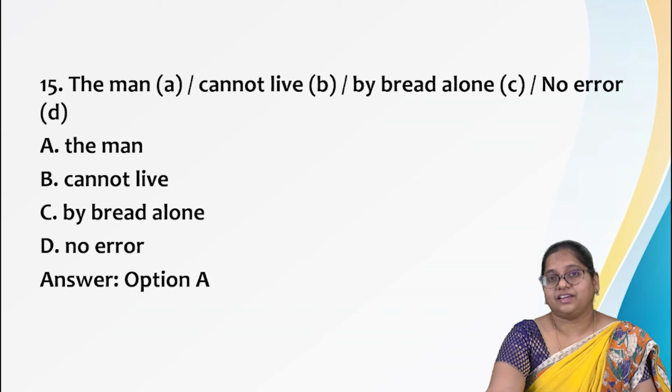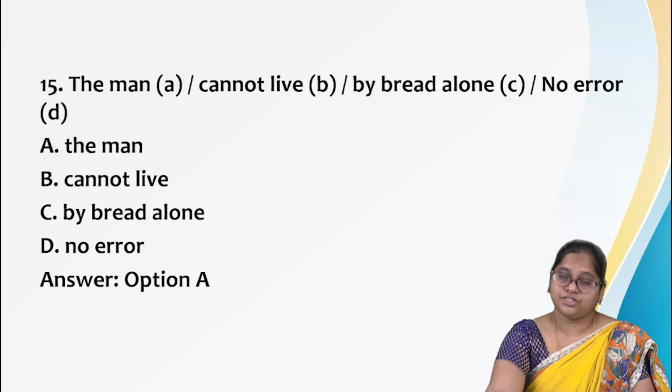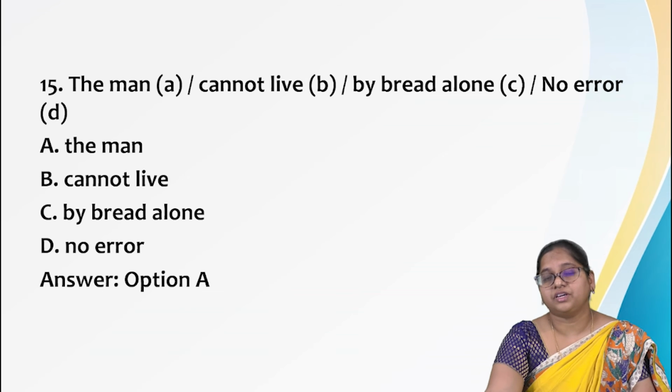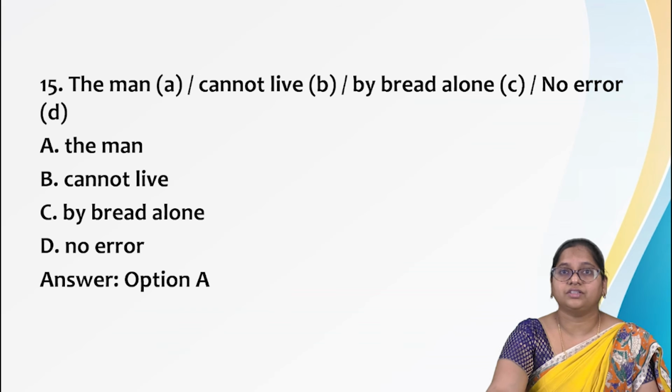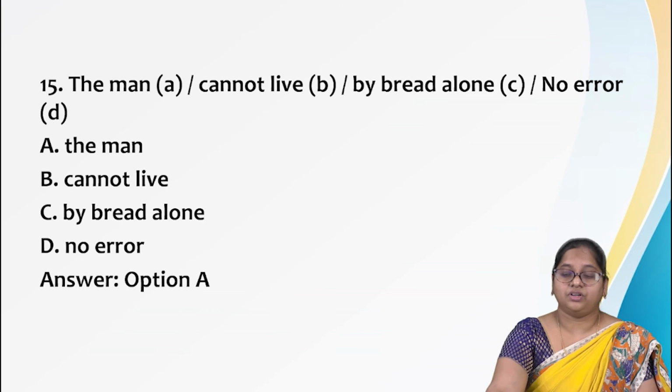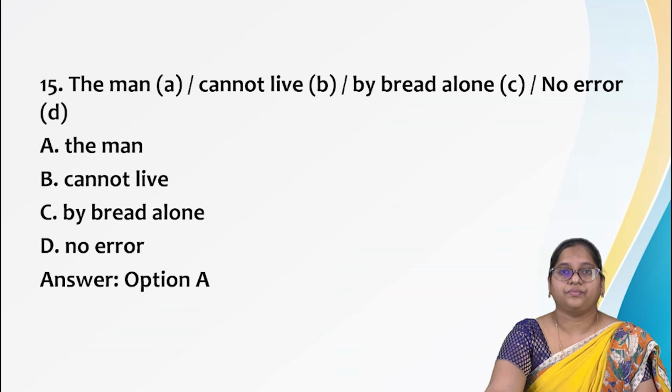So when you use universal terms, they will not take the definite article, and you can say man cannot live by bread alone, but by every word that God speaks.